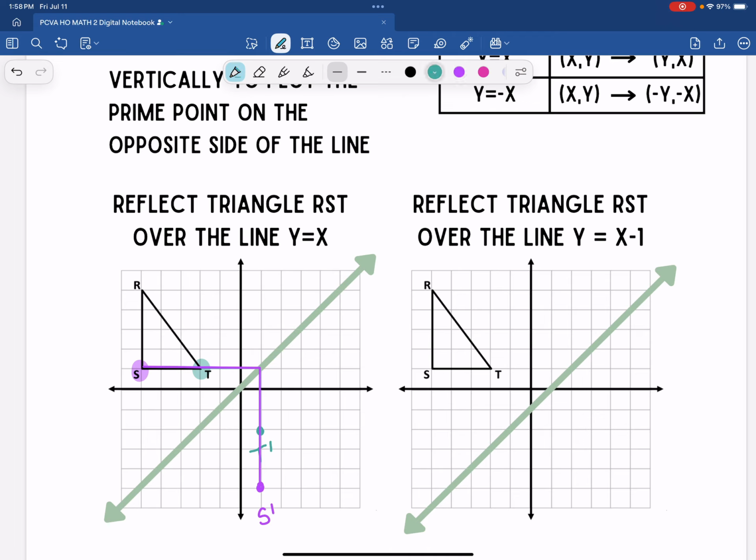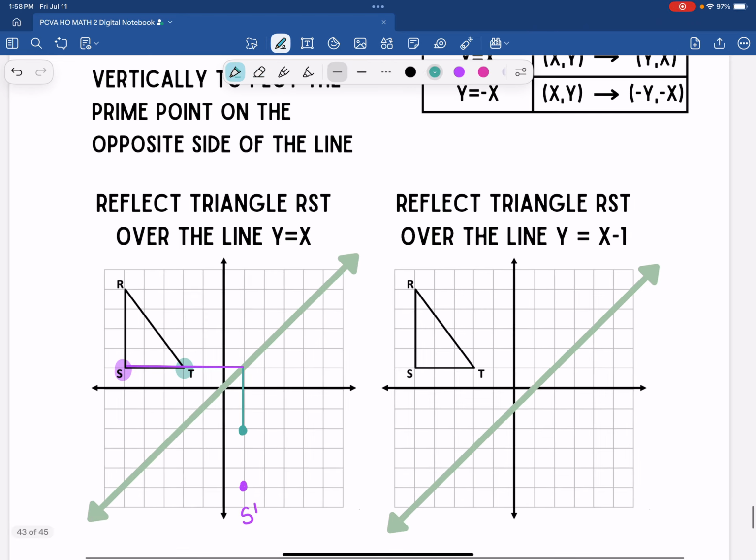Let me rewrite this so that we can still see the T prime. Or actually, let me move it over a little bit. I'm going to just put T prime right there. For the next one, we're going to do R. For R, we're going to go horizontally to the line.